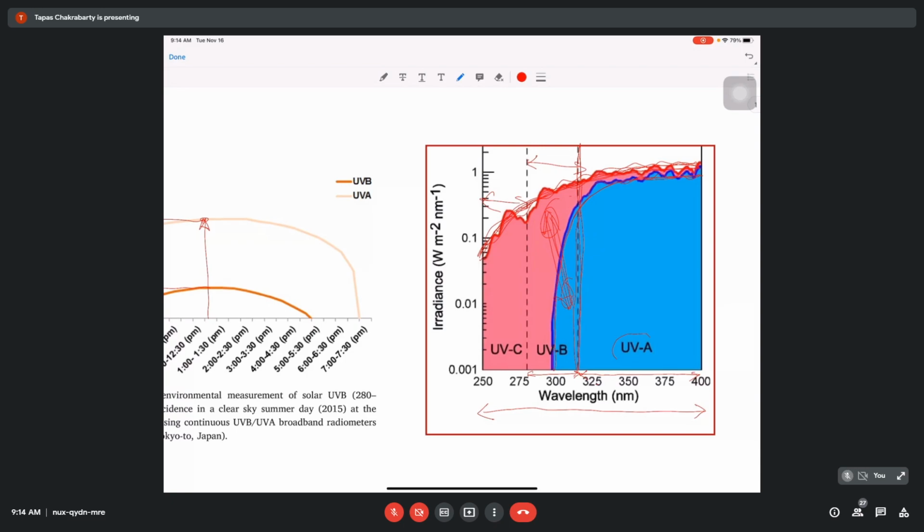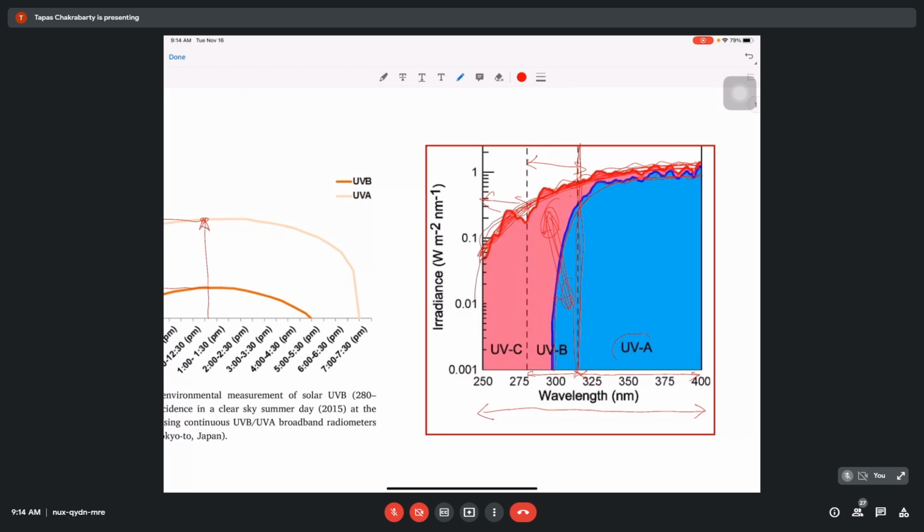Unfortunately, I did not bring the curve showing how this intensity depends on altitude. But what is shown here is that if you go beyond our whole atmospheric region, about 80 to 100 kilometers above the Earth's surface, and measure the intensity of solar radiation there, this is the curve.